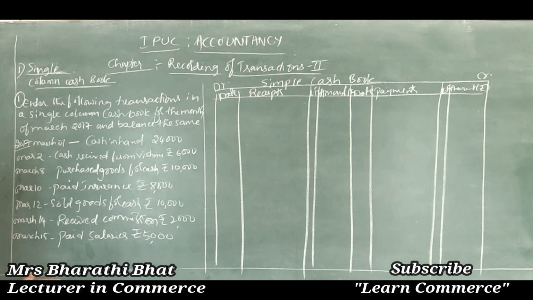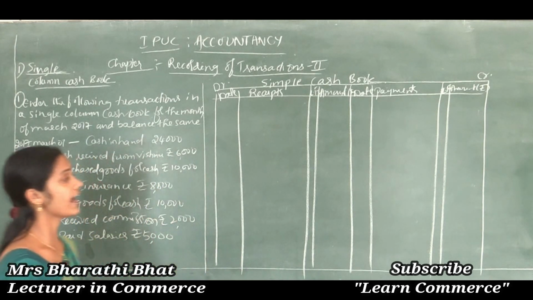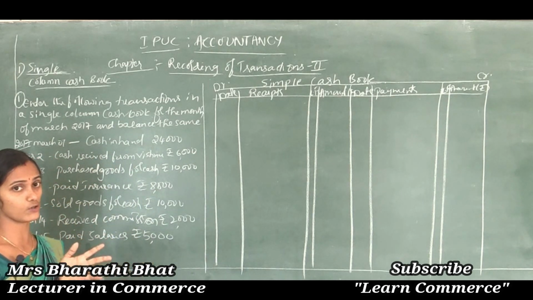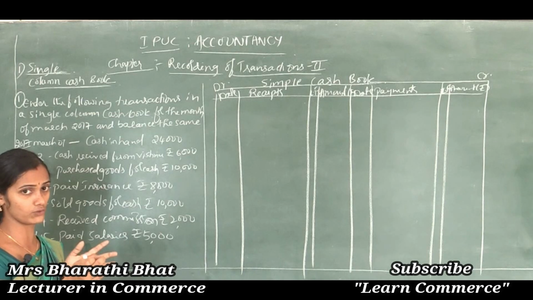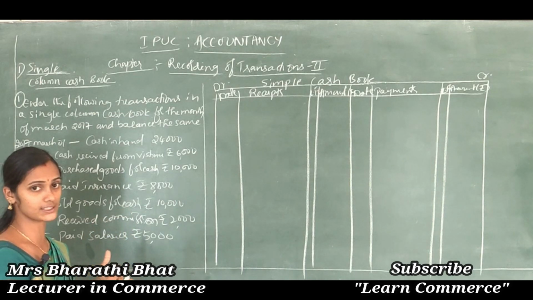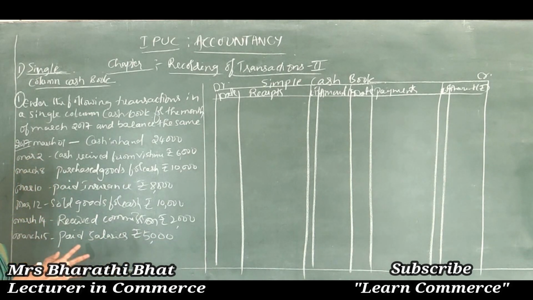Balancing: we know that in the ledger concept we studied how to balance the accounts. The greater total should be written on both sides, and where the credit side shows the lesser value, we adjust that amount, which is carried down and brought down on the first date of the next month. That is balancing. So we need to balance that also.